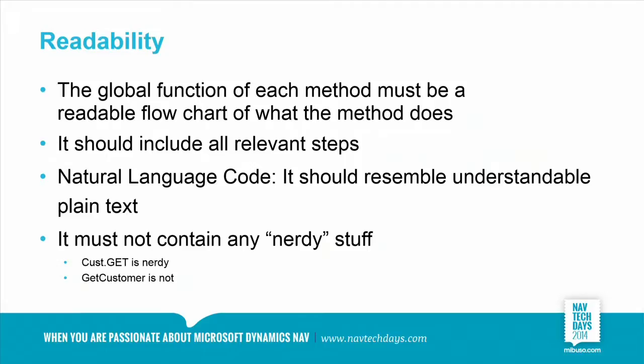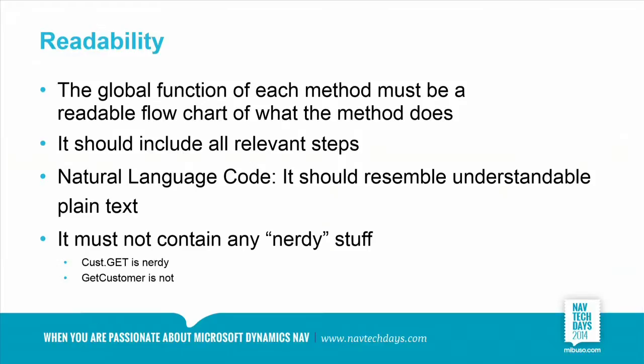That's not the idea. You should actually break down the steps that you need to execute that method into parts, make them as small as possible so that each part only does one thing, and have a readable flowchart in your method header that tells everybody, including consultants, in natural language what it is that this function does.